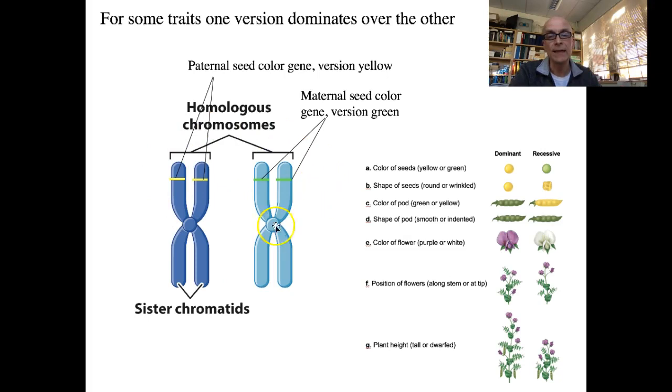So in this case, an organism that has this combination on their chromosomes would be phenotypically yellow, because that is the dominant trait. But genotypically, it would have one of each of the chromosomes. Okay, so that's going to be important later on for us to understand how alleles move and how they are given to the next generation.